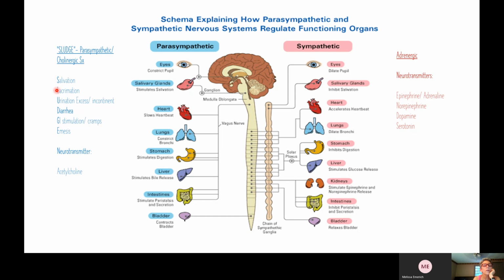So if you have too much acetylcholine or too much stimulation of the parasympathetic nervous system, you're going to have those symptoms.